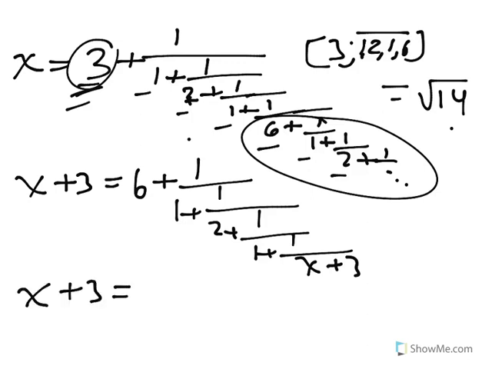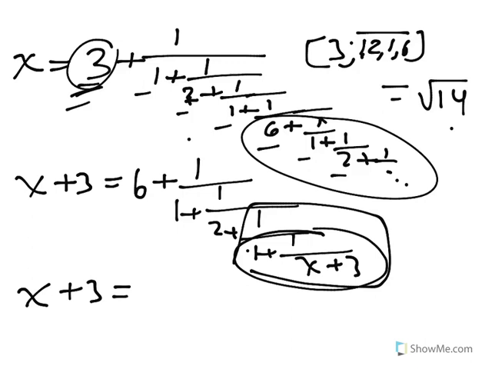I'm going to work up one level at a time. I'll start with this one. Actually, I'm going to go like that. So 1 plus 1 over x plus 3 is x plus 4 over x plus 3, and then you put 1 over that, and it's x plus 3 over x plus 4.